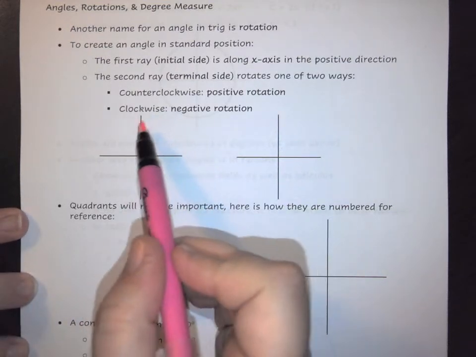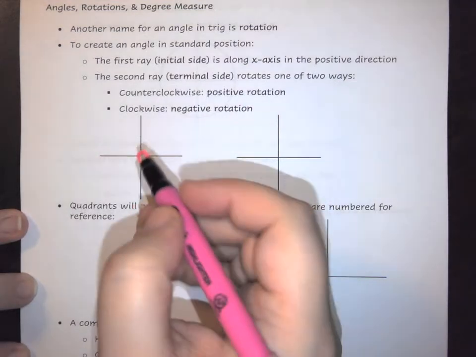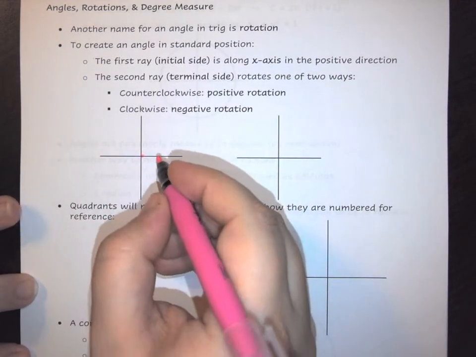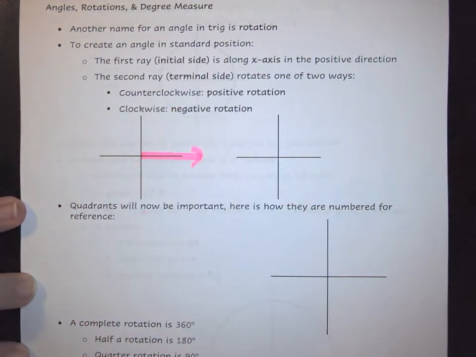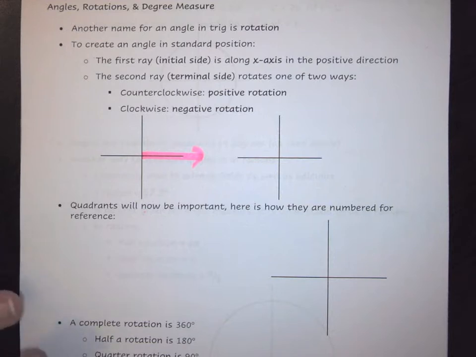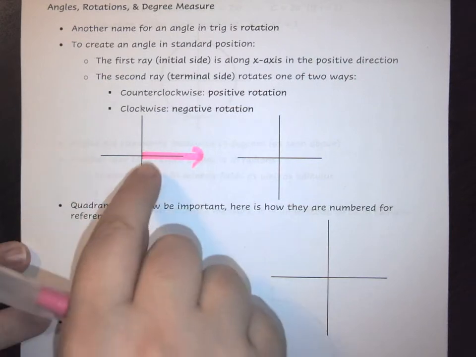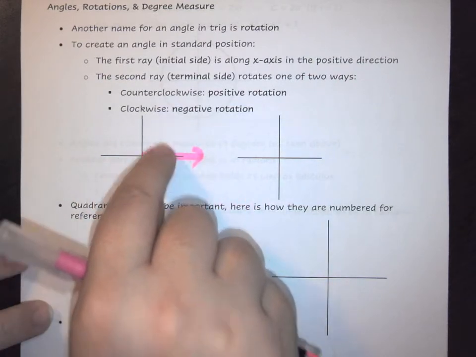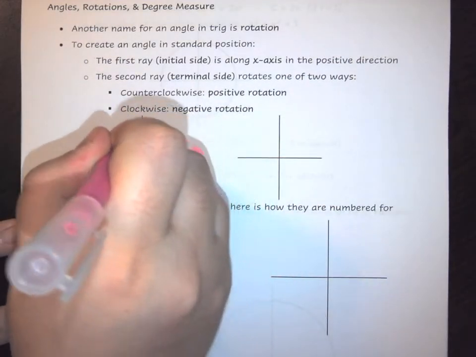So to begin with, we have our coordinate plane right here. And we essentially have our starting ray. So our starting ray is essentially your positive x-axis, so that's your starting ray. And then what happens is we have our rotation. So we've got this starting ray, or the initial side. Our rotation is going to be your angle. So let's say we rotated up.